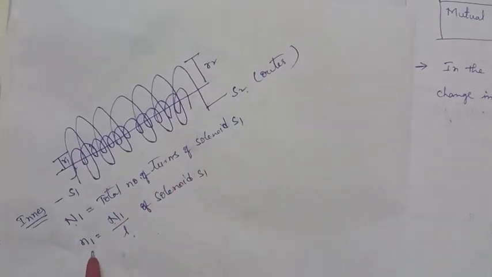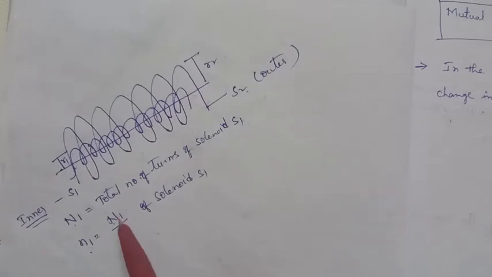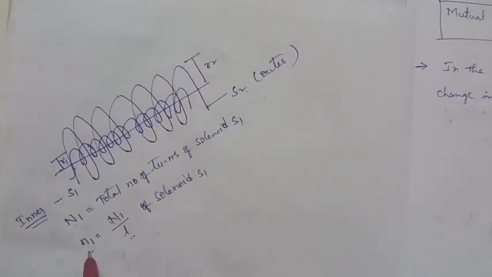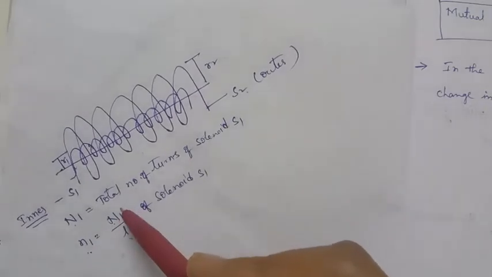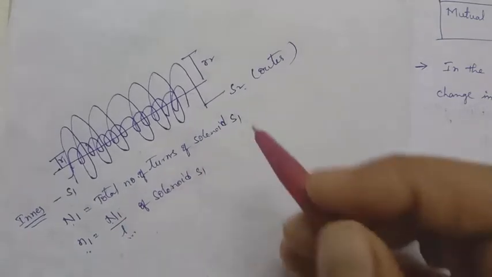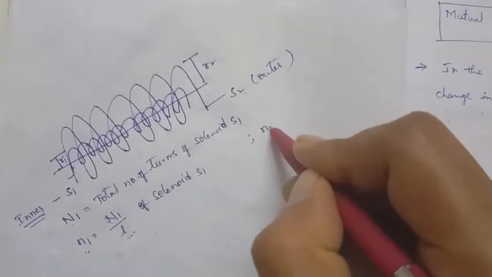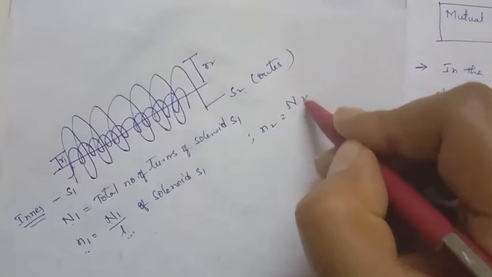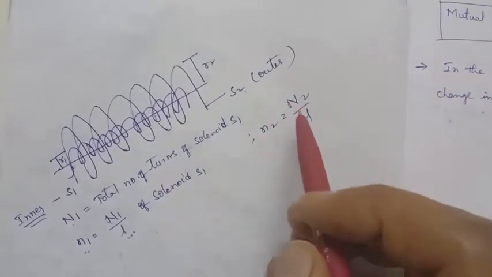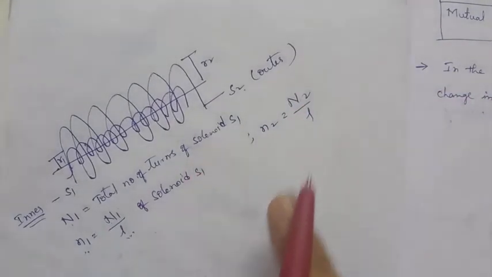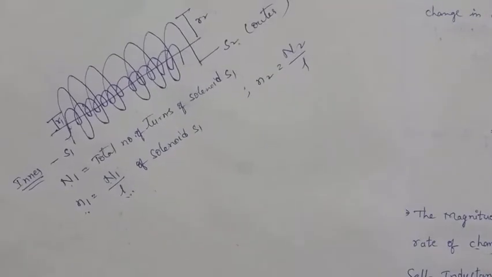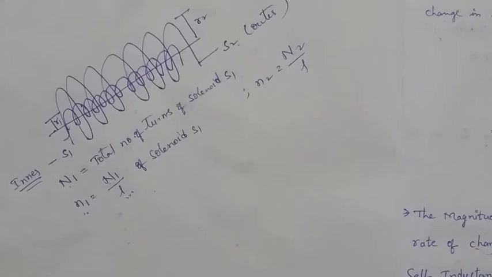Small n1 is N1 by L, the number of turns per unit length. Small n2 is N2 by L, where N2 means total number of turns of solenoid S2.